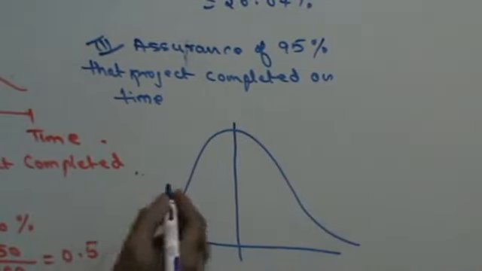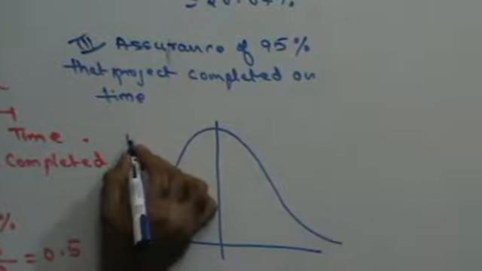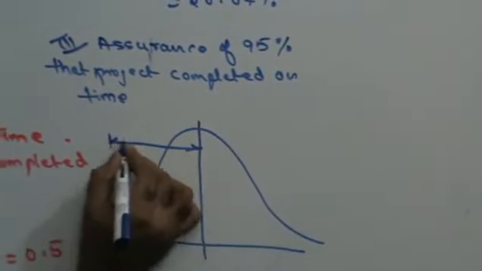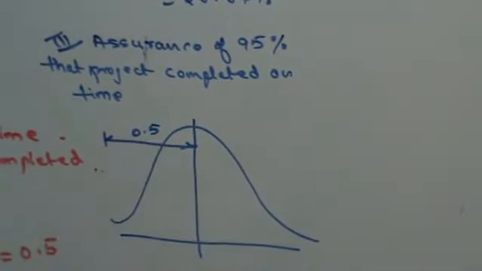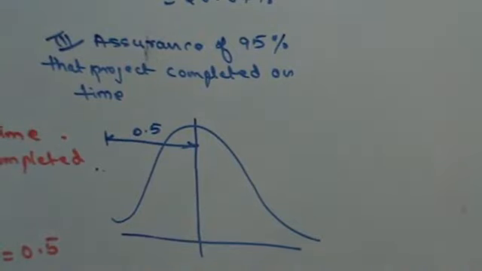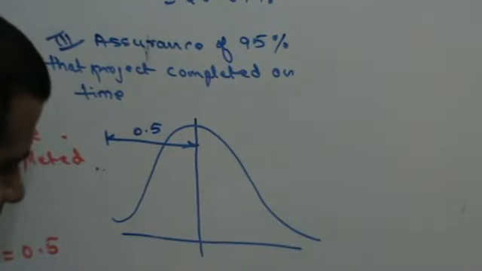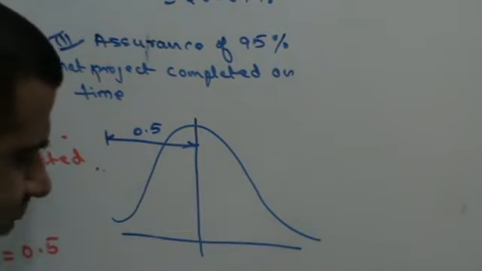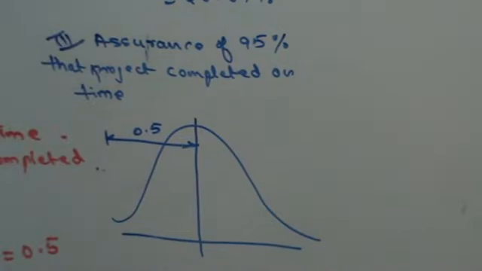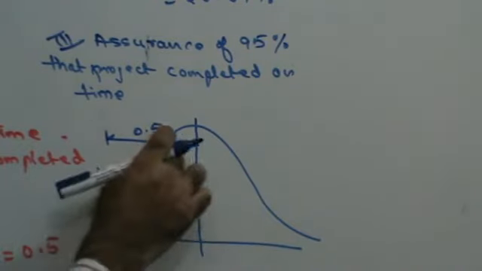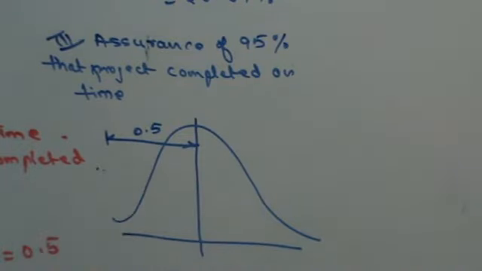Bell curve, we know that the area from 0 to the central line is 0.5. If I am saying 95%, probability is given to you as 95%. 95% means 0.95, out of which 0.5 area I have here.